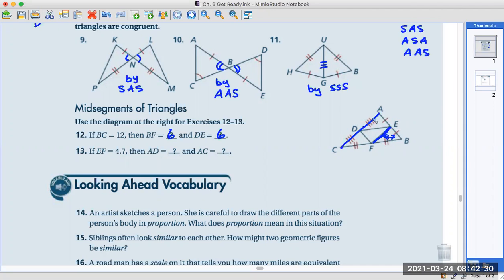Oh, from here to here. That's the same, 4.7. From here to here is the same as here to here. And AC, the whole thing, is 4.7 plus 4.7, 9.4.